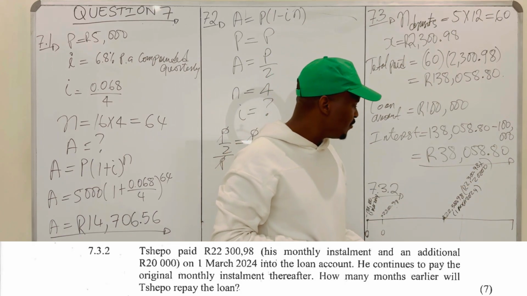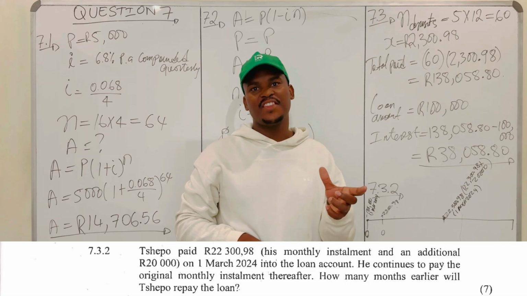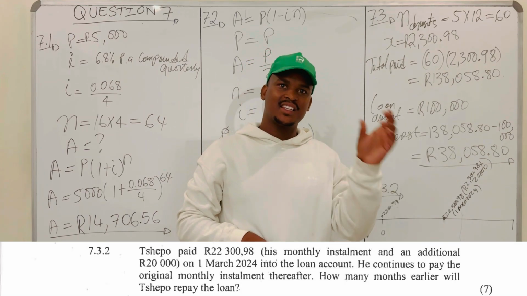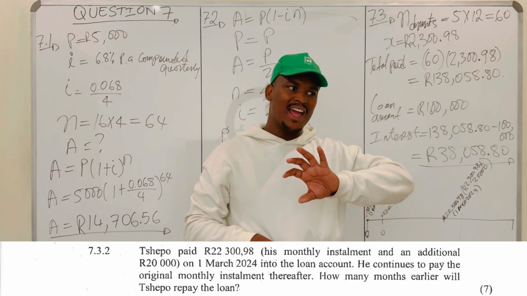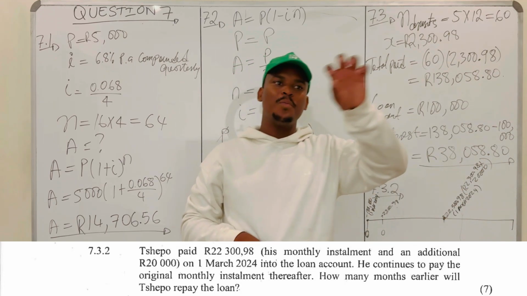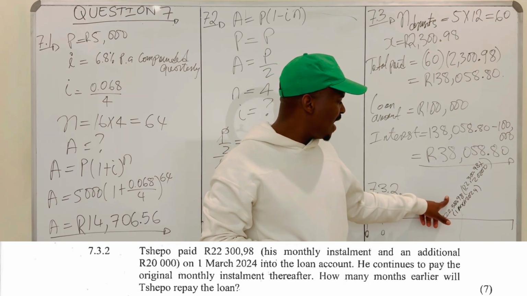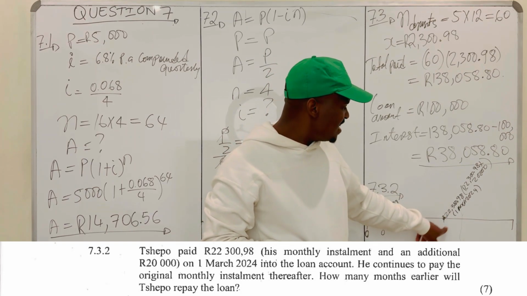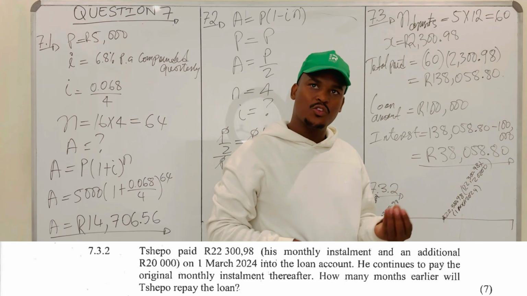Because what happens is that if you have a monthly repayment of 5,000 and you are paying 6,000, the 5,000 will go towards the expected amount, and the extra 1,000 will be a reduction on the loan. So whatever the balance was after his payment of 2,398, that 20,000 was reducing that amount.